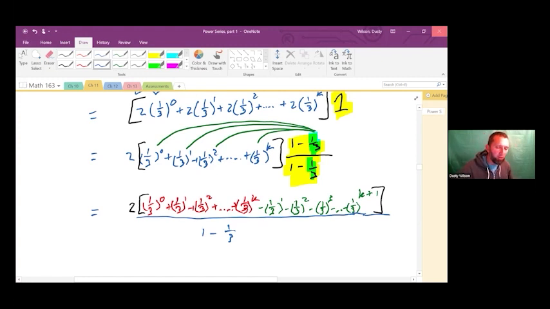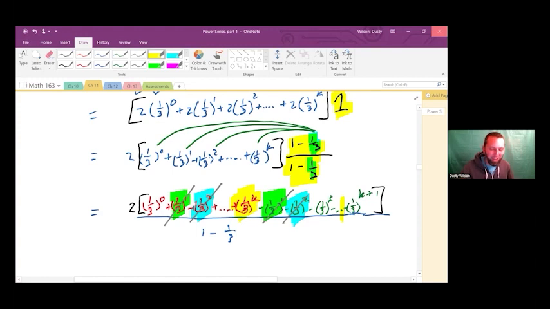And then I hope you can see the really cool thing that's happening. The 1/3 to the first power here and the negative 1/3 to the first power there are going to cancel out. The 1/3 to the second power and the negative 1/3 to the second power cancel out. All the way to the 1/3 to the kth power, which will match the last of those dots, so to speak.